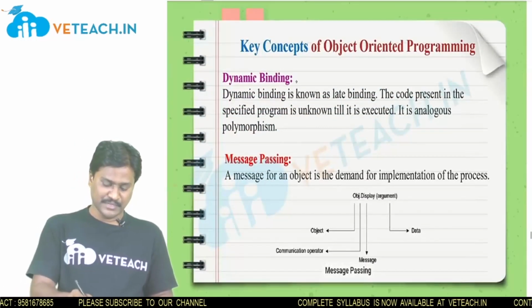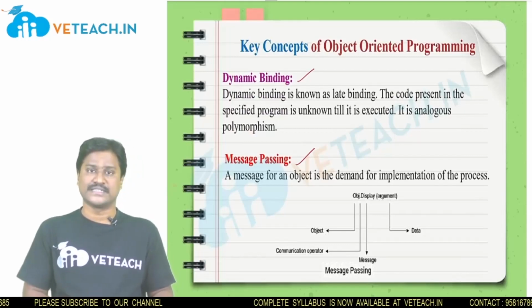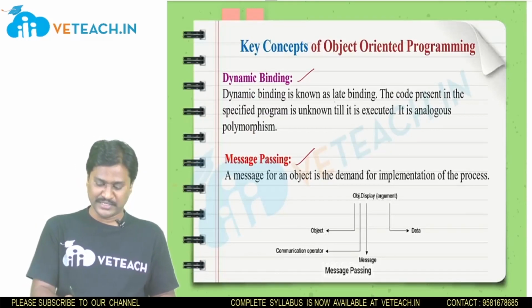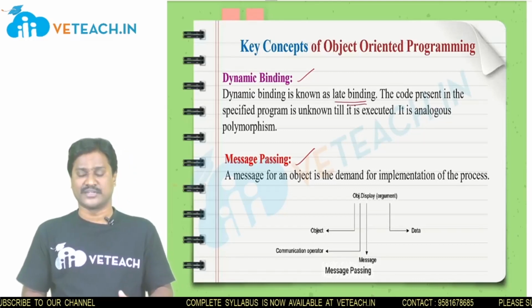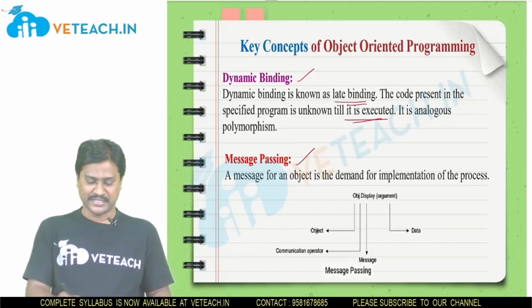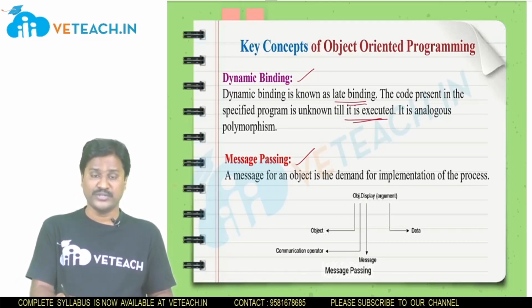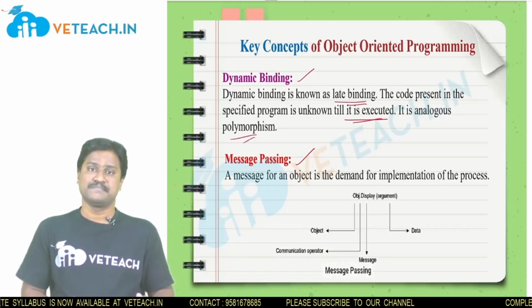And here are dynamic binding and message passing, two more key concepts. Dynamic binding is nothing but late binding, where it works at runtime, that is, execution time; the code to be executed is unknown until the program runs.